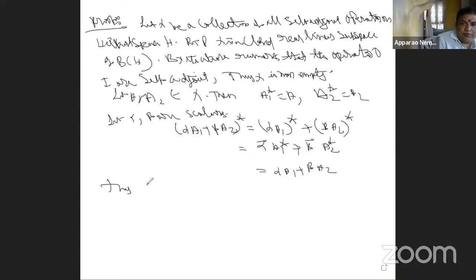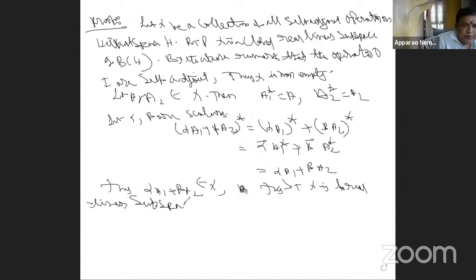Thus alpha A1 plus beta A2 belongs to X. This shows that X is a real linear subspace of B(H).